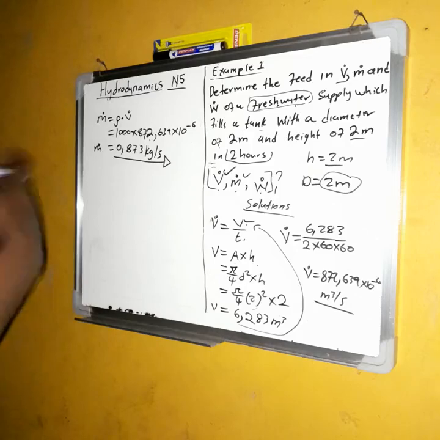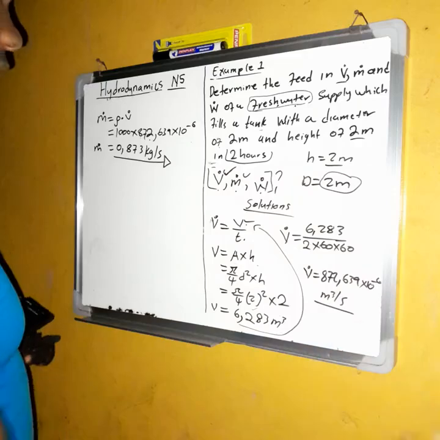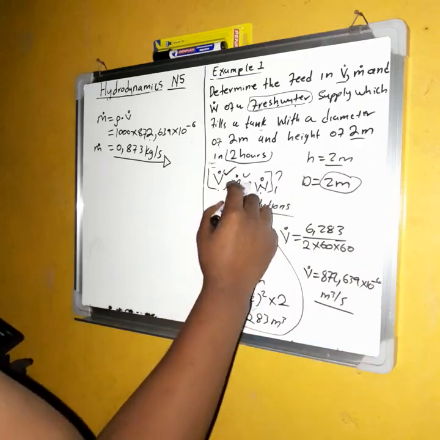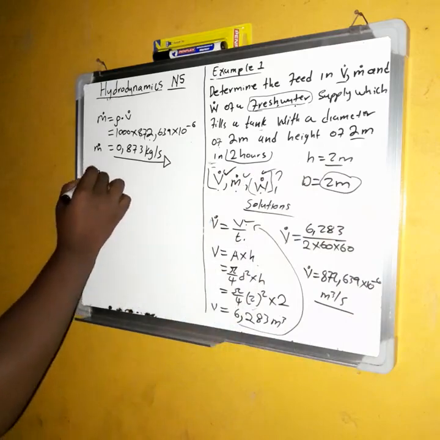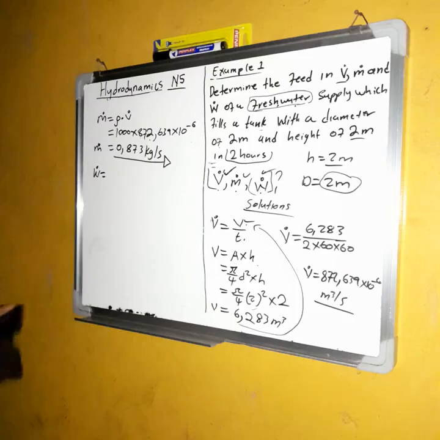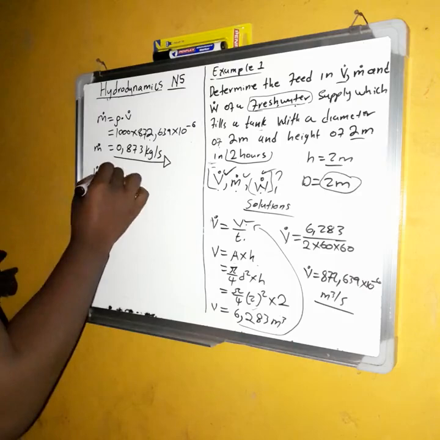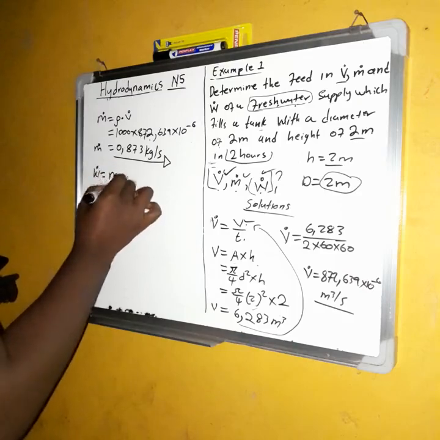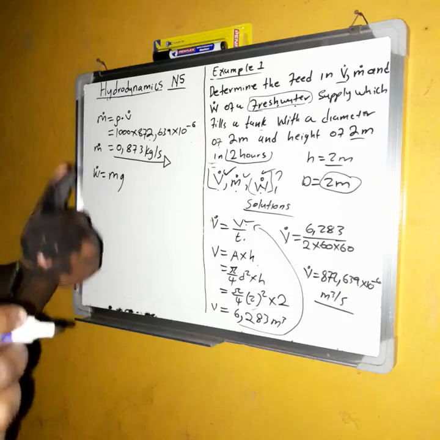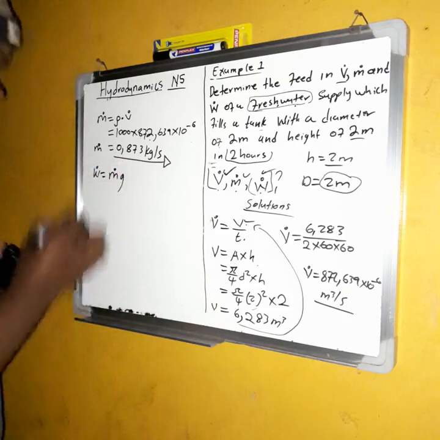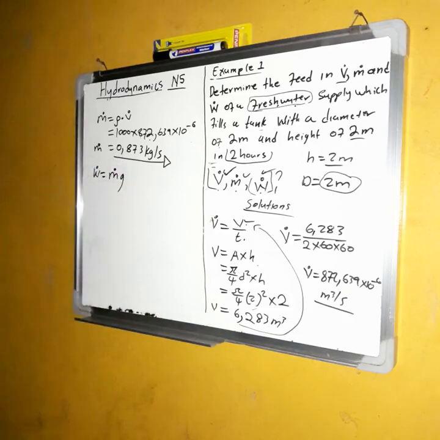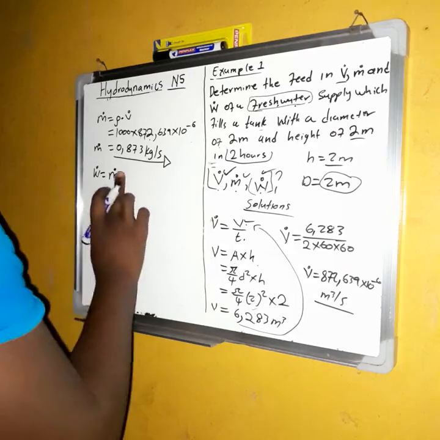So we have this. Now let's do weight. Now we want the weight flow. We know that weight is given by mass multiplied by gravity, but now it's a weight flow. Then we will use the mass flow multiplied by gravity.